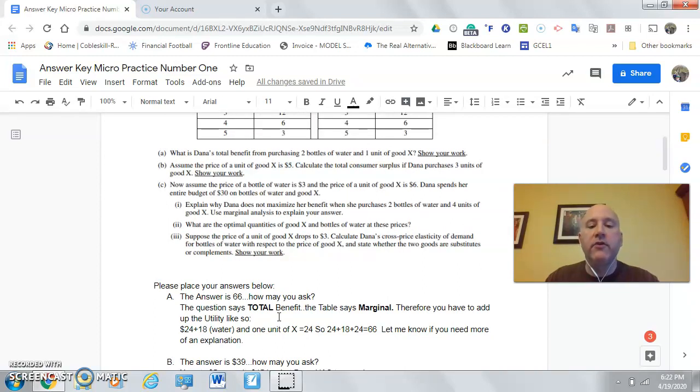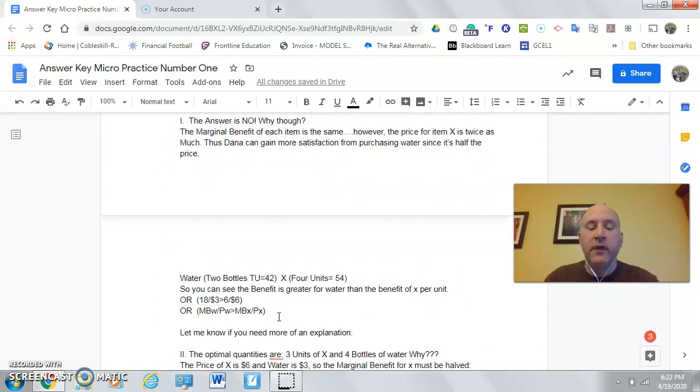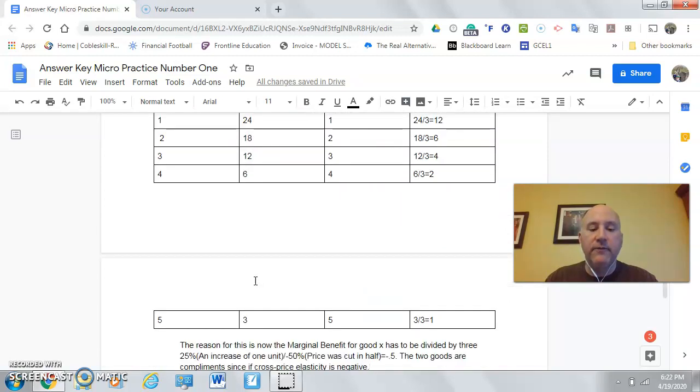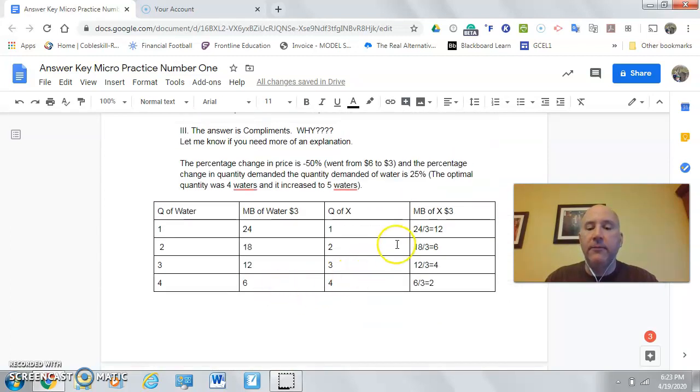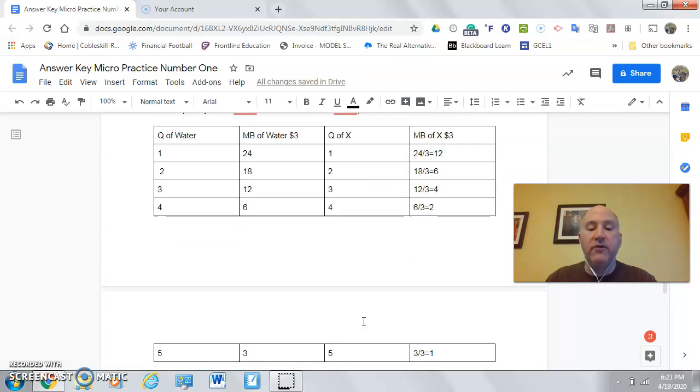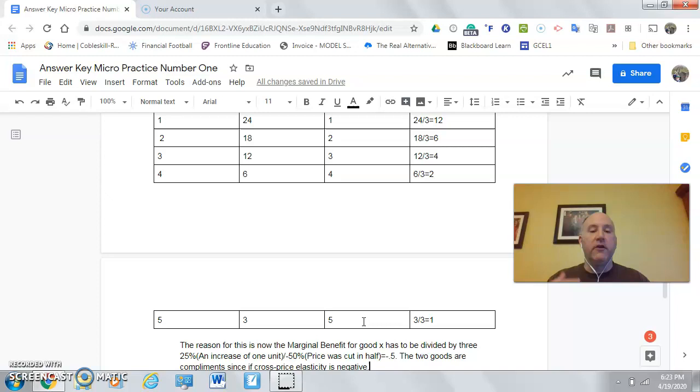Oh, it's just calculating the cross price, right? Okay. So now we got 15, so she spent the $15. And at the same time, essentially, she would buy 5 units of X, which is 15 as well, because it's $3 and that's 30.